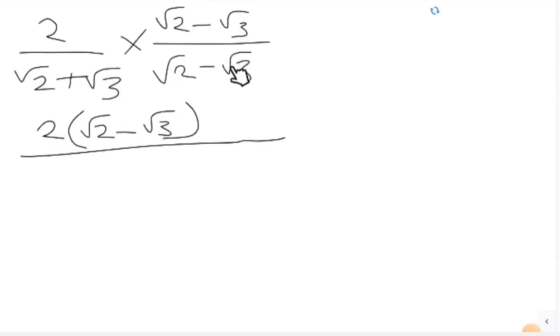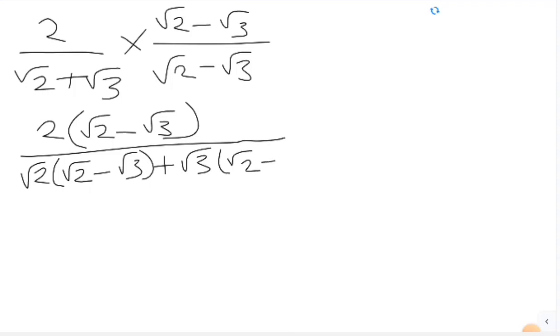We'll do a similar thing for our denominator. You'd say root 2, open bracket, the conjugate, root 2 minus root 3, close bracket, plus root 3, open bracket, you write the conjugate again, square root of 2 minus the square root of 3, close bracket.